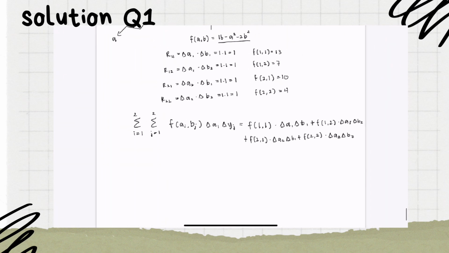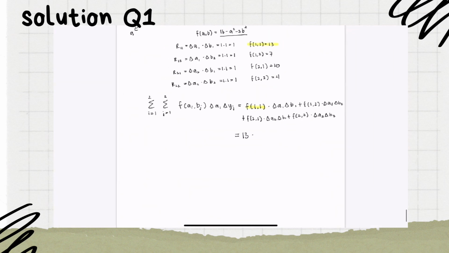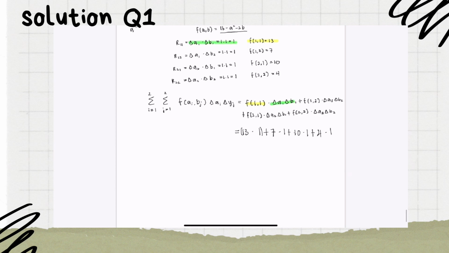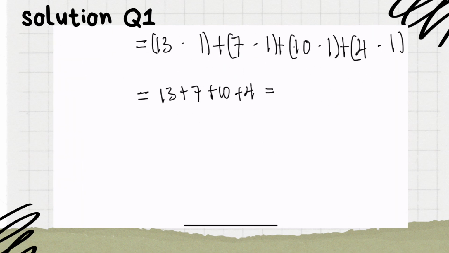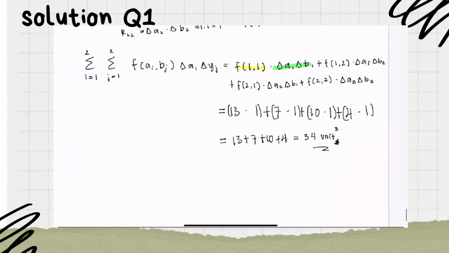We know f11 equals 13, so 13 multiplied by 1, because area A1 area B1 is 1. By substituting in, we get 13 plus 7 plus 10 plus 4 equals 34. Therefore the answer is 34 units cubed.